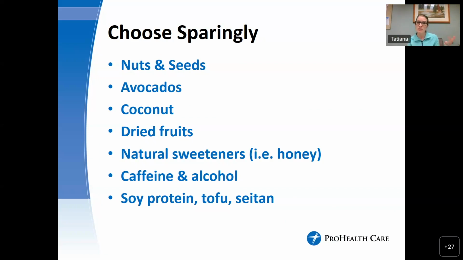The nuts and seeds, avocados, and coconut are the primary fat sources on this eating plan. And as with any balanced eating plan, we want to make sure that we're not overdoing it, which is why on the previous slide we were talking about 1 to 2 servings of nuts and seeds, avocados in their whole form, coconut in its whole form, dried fruits and sweeteners.